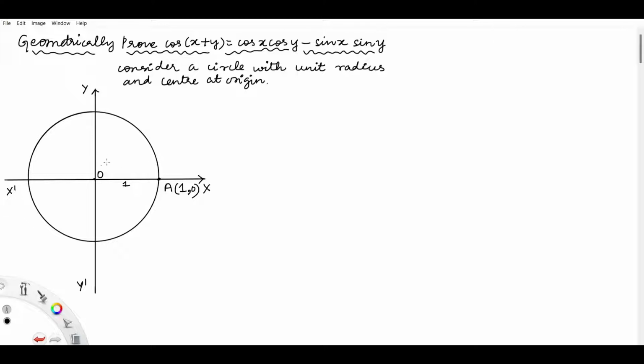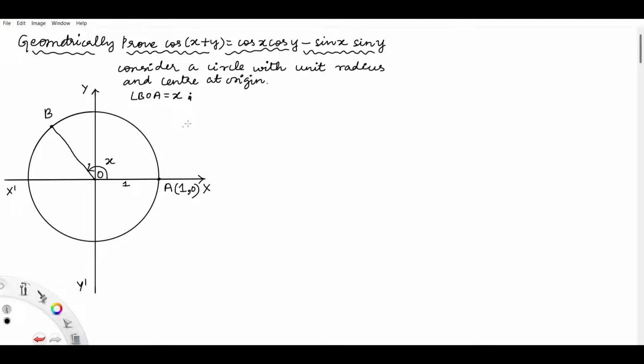Next, let me take a point B here and let me call this angle AOB as x. So angle AOB is x. This is my first step.